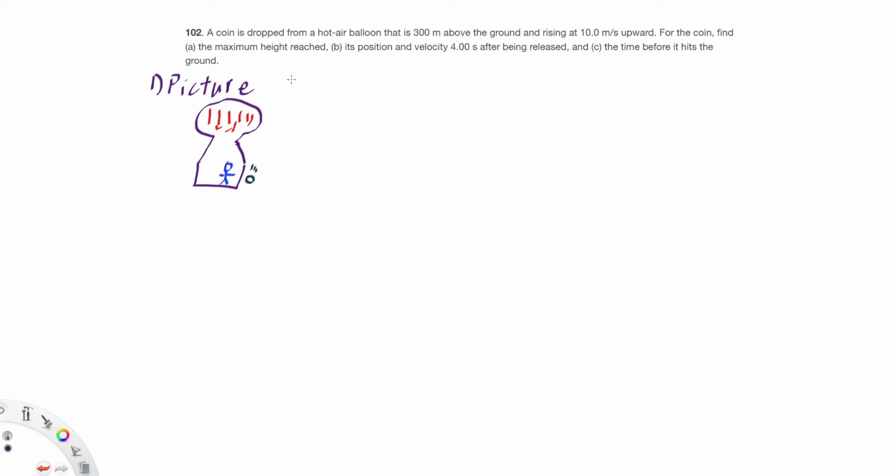So our coordinates, there's no reason not to just use straight up and down. In fact, we don't even need an x direction for this problem because the coin is only going to go straight up and down. So we'll go ahead and say that up is the positive y direction. There's no vectors to break down per se in this problem, but we should also maybe summarize the information that we've got.